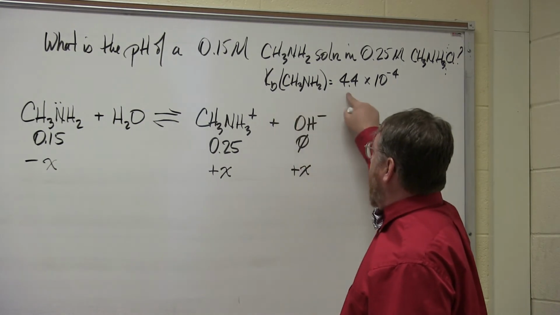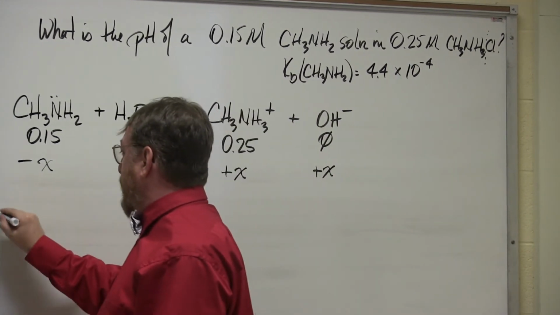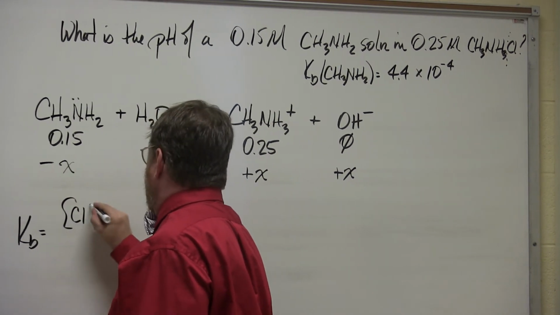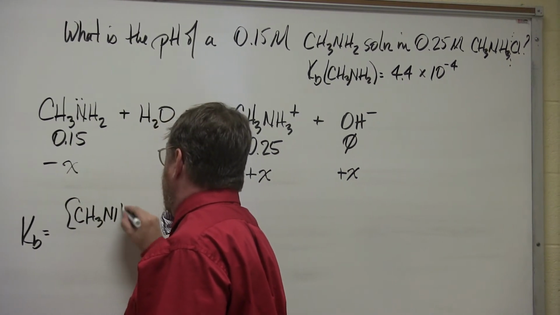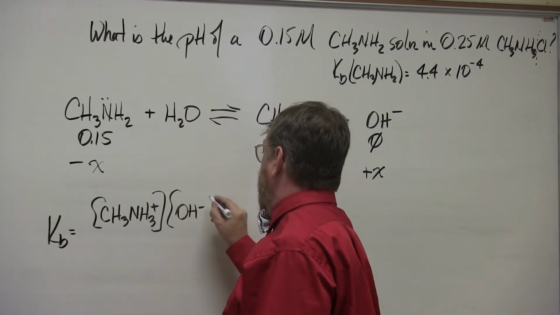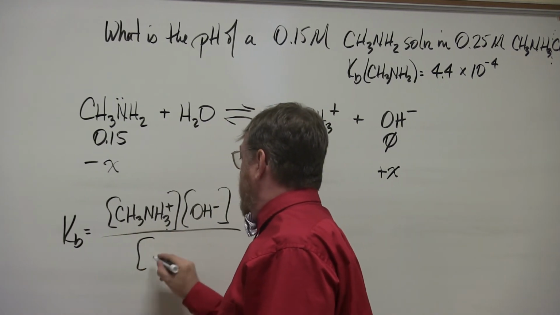We know the Kb of methylamine, so let's set up the Kb expression. Kb is equal to methylammonium ion, go ahead and write these out, times hydroxide divided by methylamine.